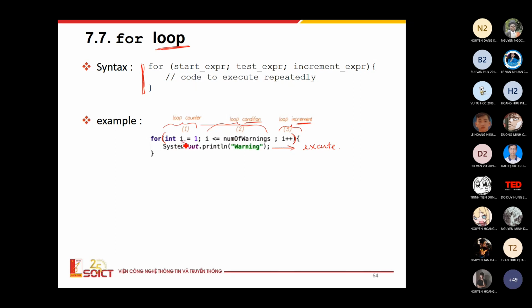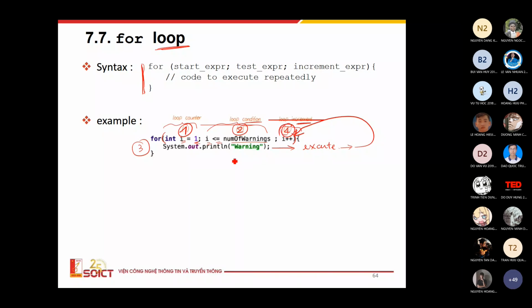Okay. And let's see, for example, here how you read it. For E equal to 1 and E smaller than number of warning, I will execute this. After executing this, I will increase E by 1. Remember, okay? When you read it, this first statement, this second statement, and then the code block, and the last will be the loop increment.